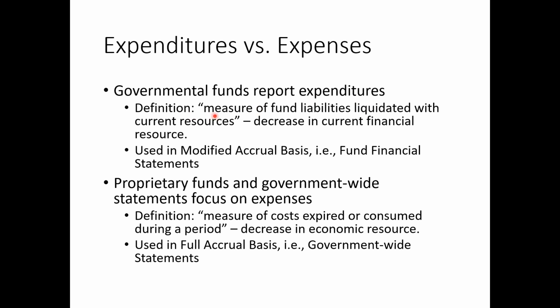Expenditures are a measure of fund liabilities liquidated with current sources. In other words, expenditures decrease current financial resources. We use current resources to pay off current liabilities, and that's how we get the expenditures.